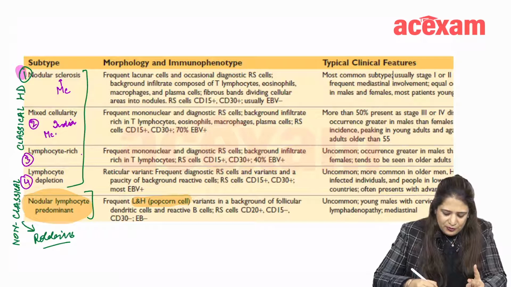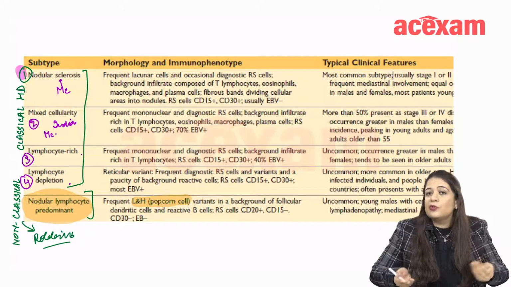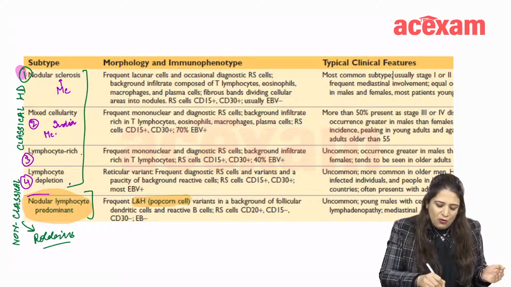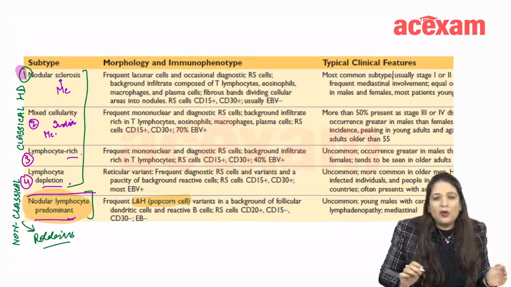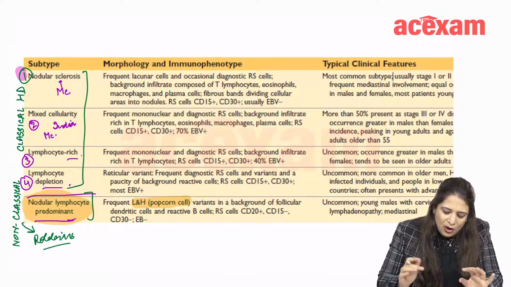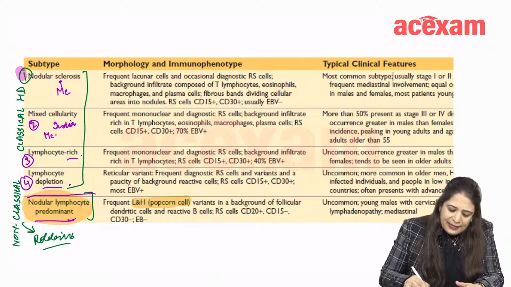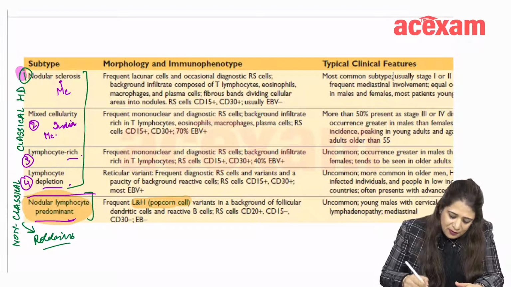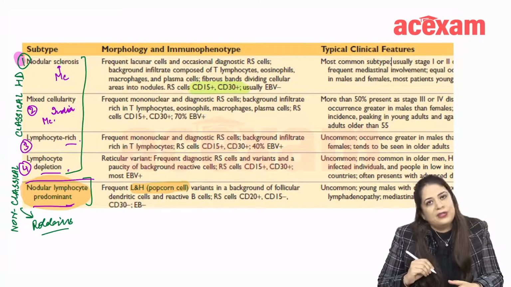Then there are two names which are similar and you can remember: lymphocyte rich and lymphocyte depleted. This is different from the lymphocyte predominant, which is the non-classical. So lymphocyte rich and depleted are in the classical, whereas predominant is in the NLPHL, the non-classical. Now, one classical feature you remember is that the Reed-Sternberg cells are CD15 and CD30 positive.